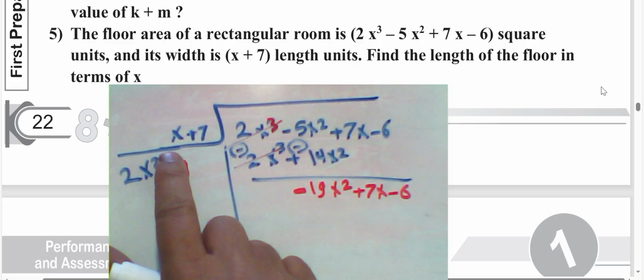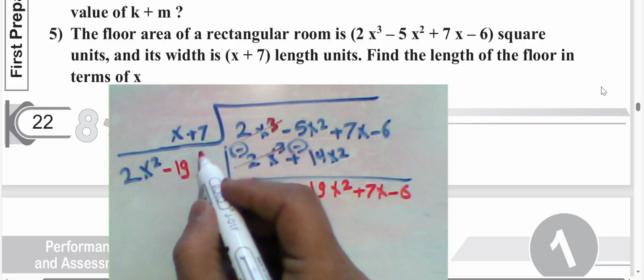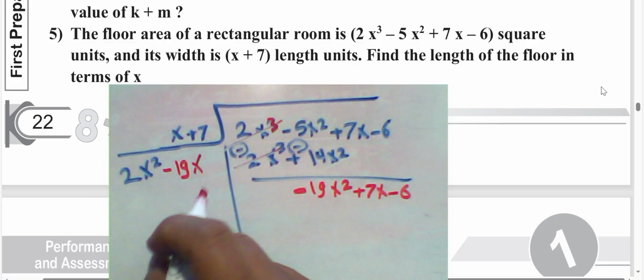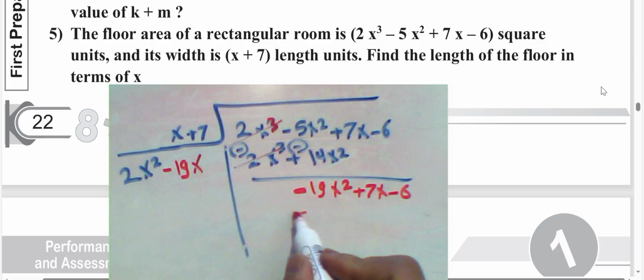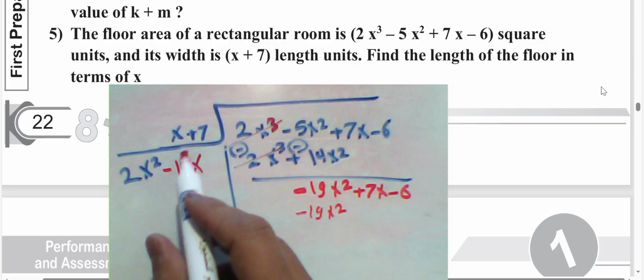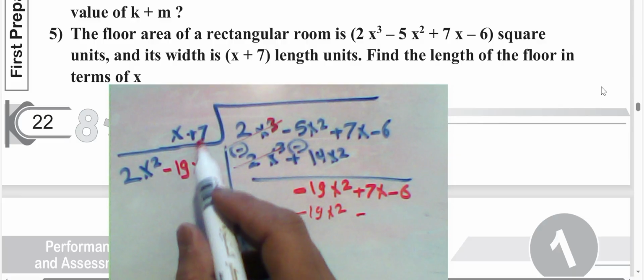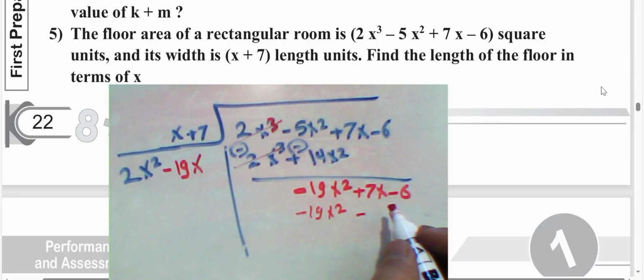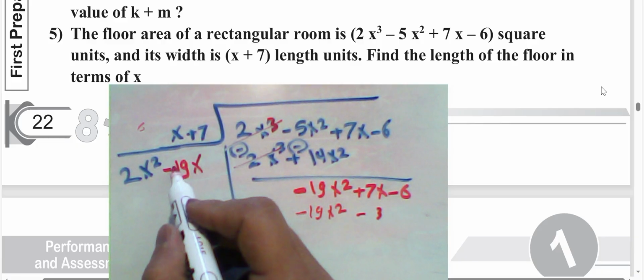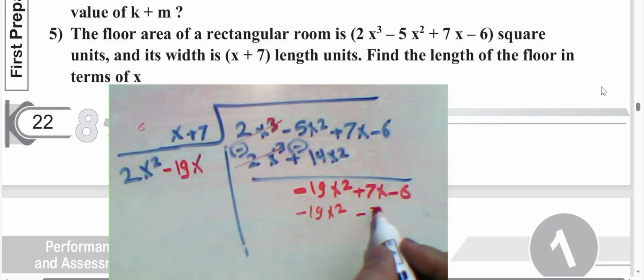Divided by x, x power 2 divided by x equals x. Negative 19 x power 2, and then write negative. We can write 7 times 9. 7 times 9 equals 63. Write 3 and carry 6. 1 times 7 is 7 plus 6 is 13, and write x.